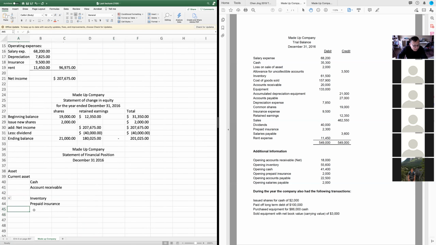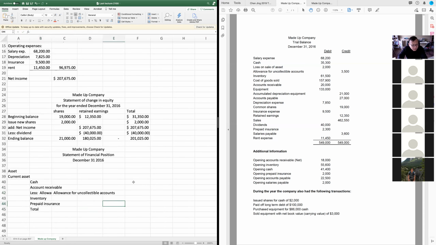So I'm going to have a total here. Current, so I have a total. Okay, so for this one, accounts receivable, and then I also have allowance for uncollectible accounts. So here would be less.